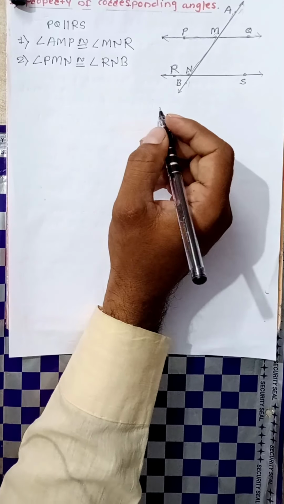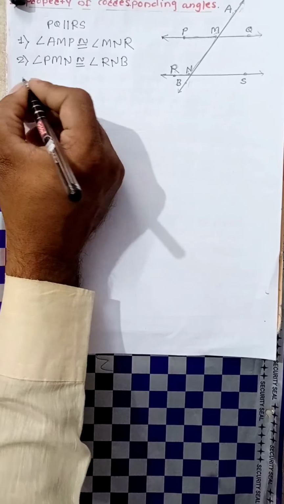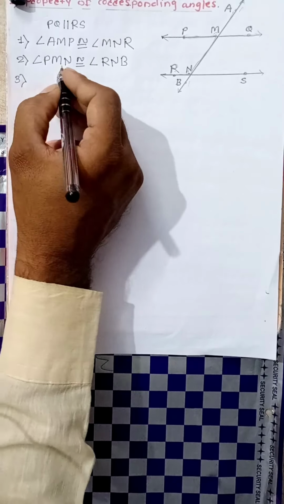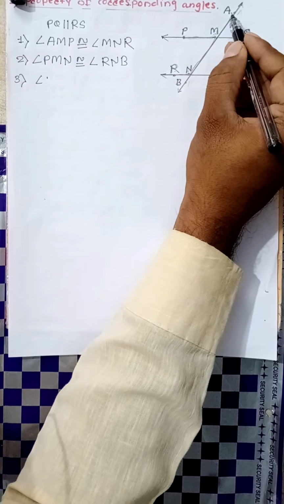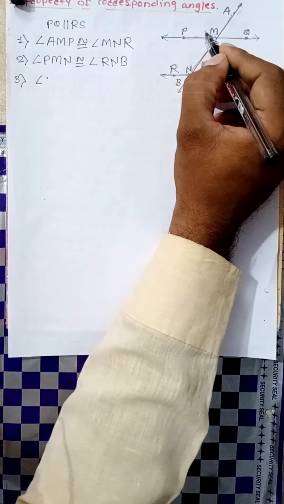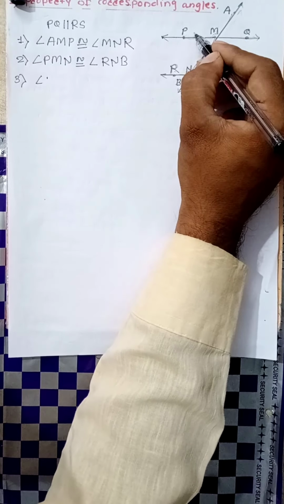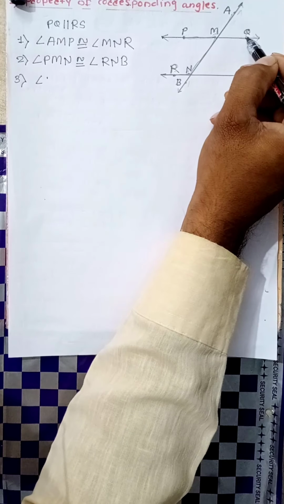This is the second pair of corresponding angles. Now third angle. This is the first side of transversal, AMP. Now the second side of transversal, AMQ.